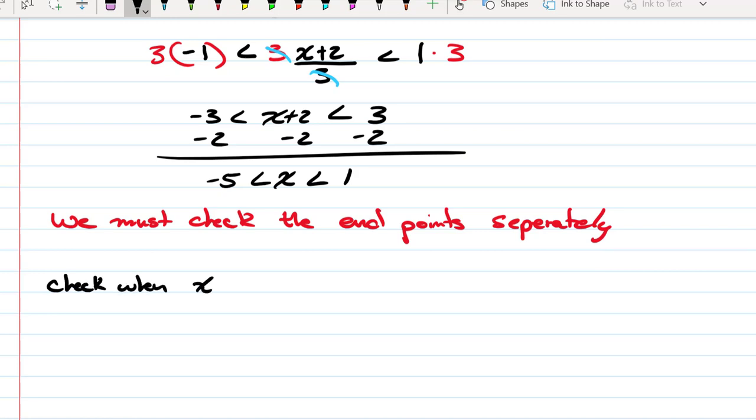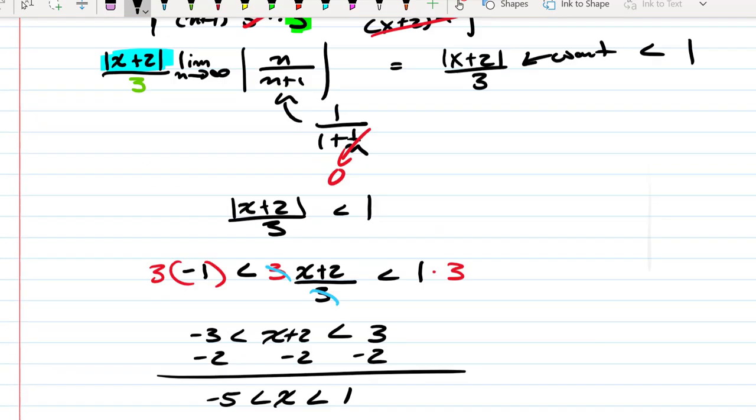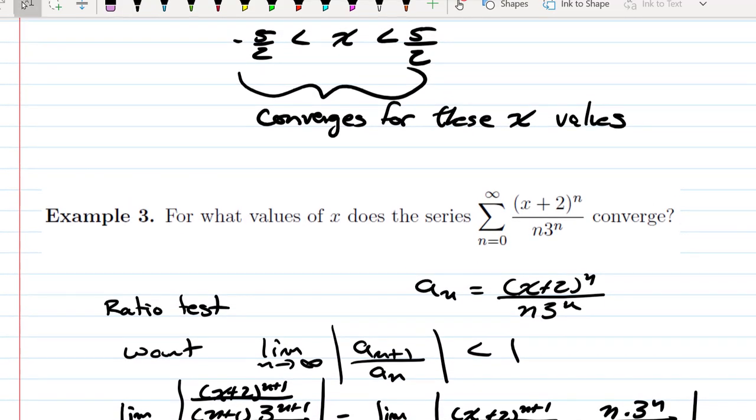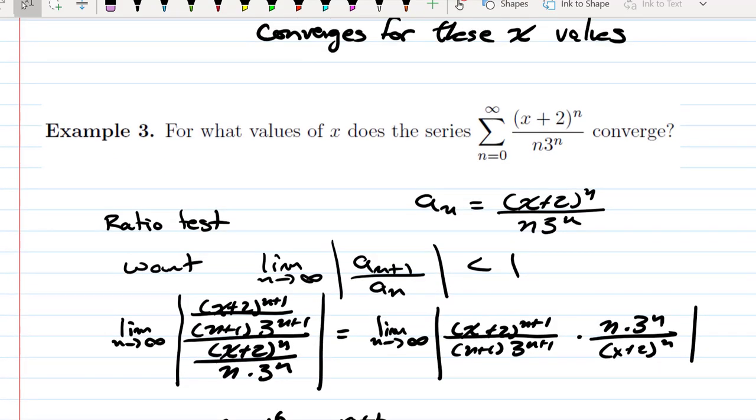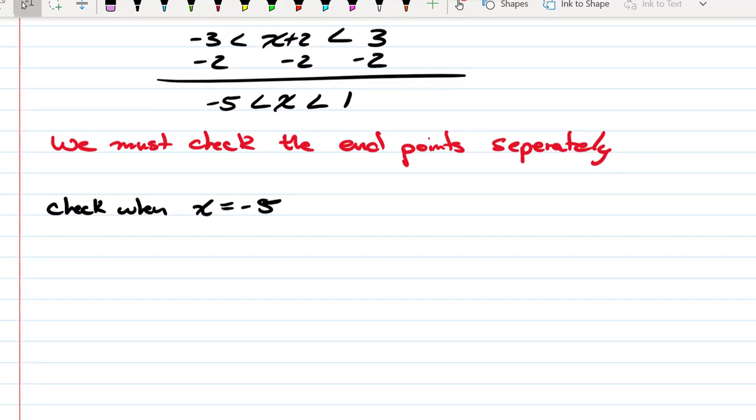So we plug in the x values at the endpoint, so we need to check when x is equal to negative 5. If we put x equals negative 5 back into this series, we're going to have the sum as n goes from 0 to infinity of negative 5 plus 2 to the n all over n times 3 to the n.